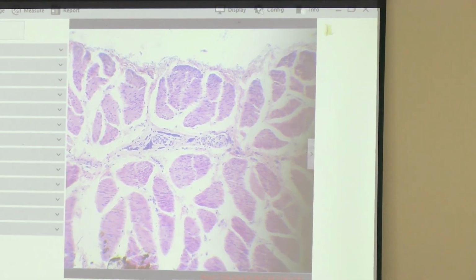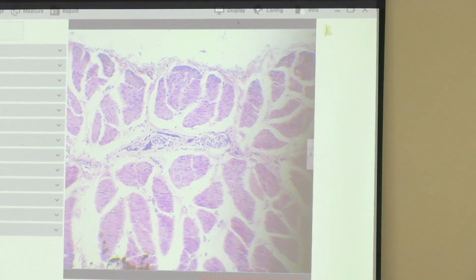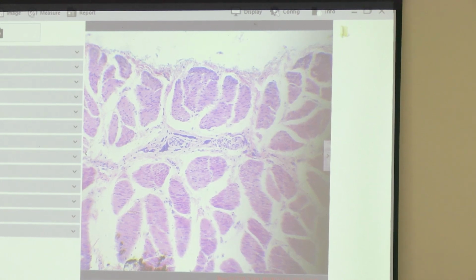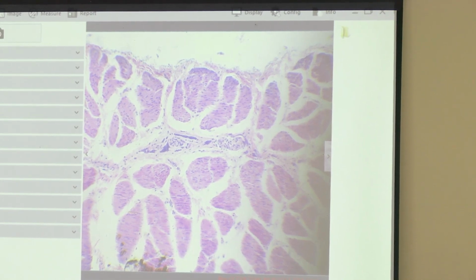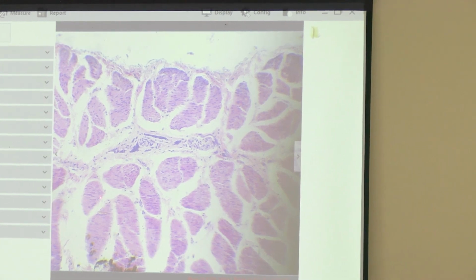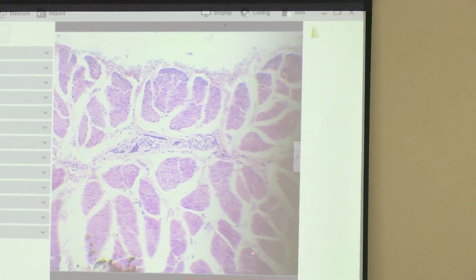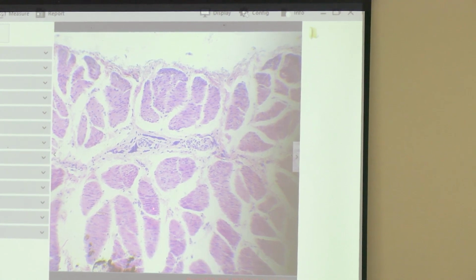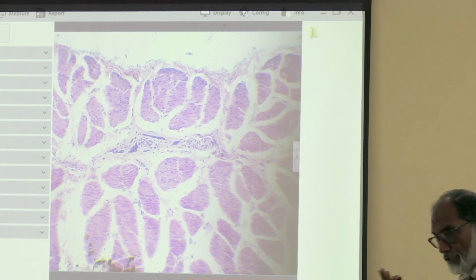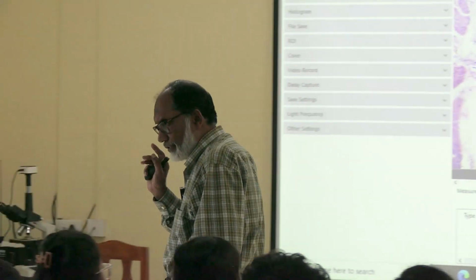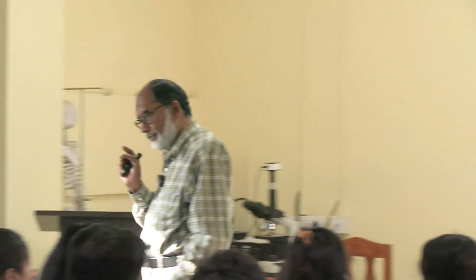Actually here we cannot find the branching. I think it is cut transversely. So it is not a good slide for you. If we get a good slide, you will be shown again. Just theoretically, you know: intercalated disc, branching, single nucleus, centrally placed. These are the points. Right?